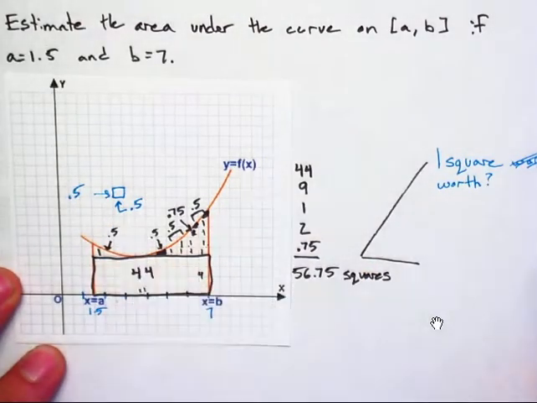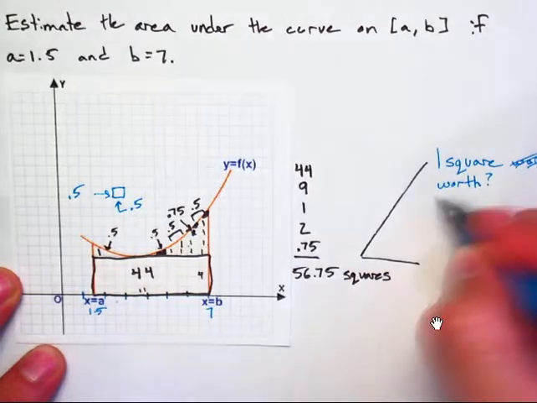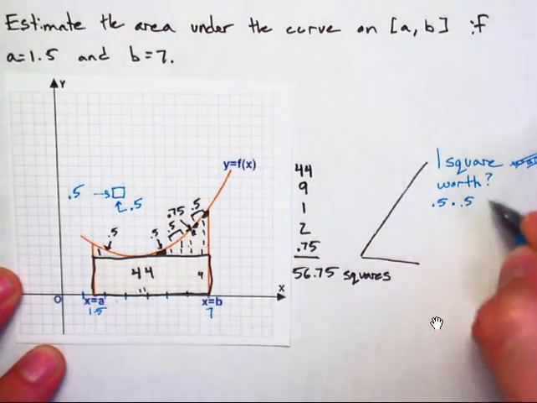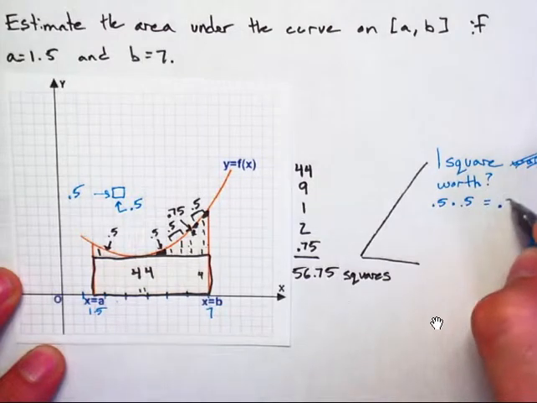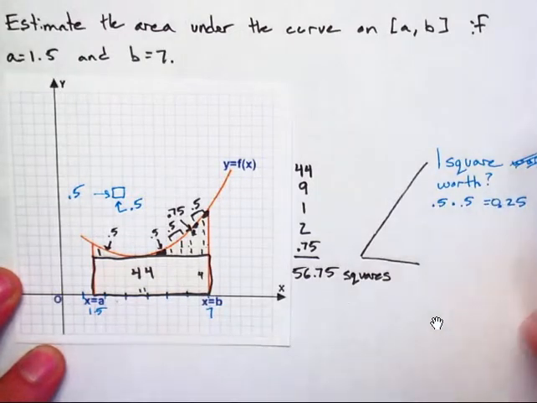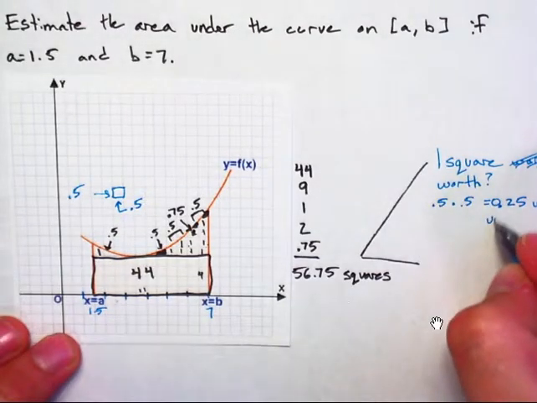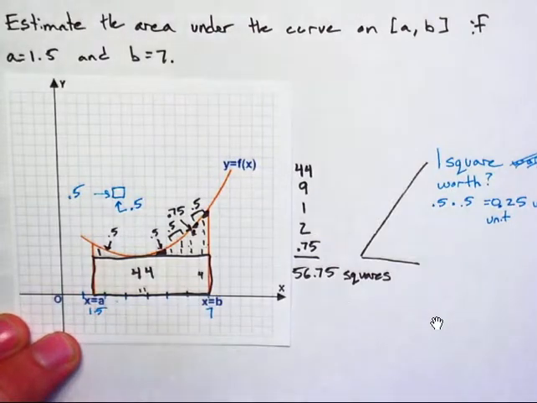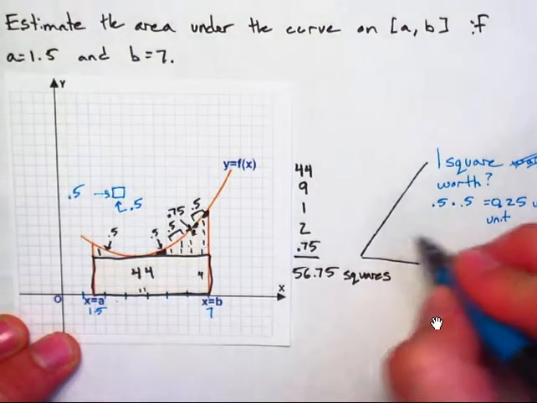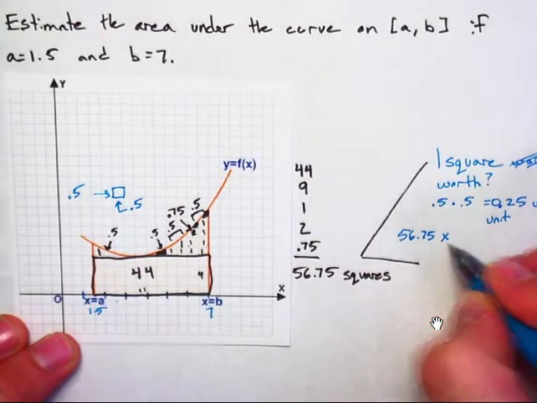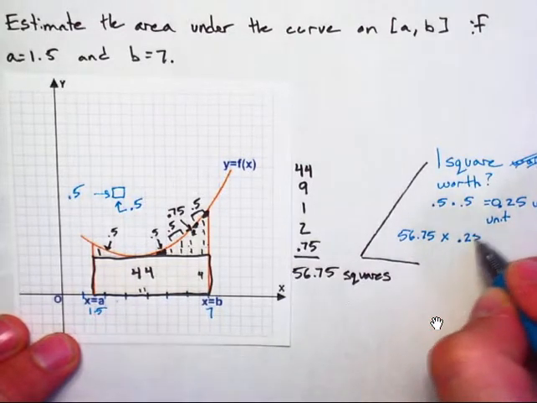Well, one square is going to be that 0.5 times 0.5, which is actually going to be worth 0.25 of a unit. So even though we have 56.75 squares, you actually have to multiply that by how many units it's actually going to get you.